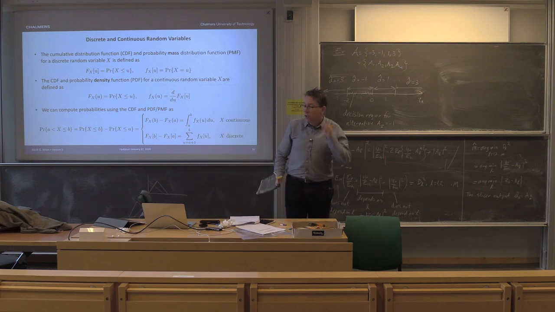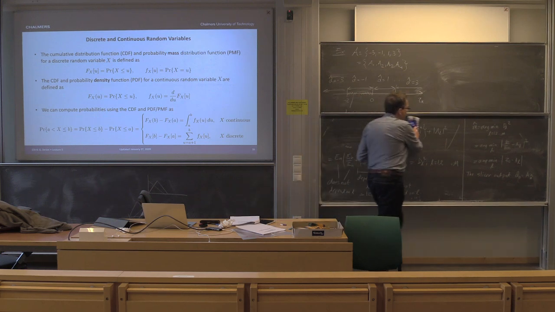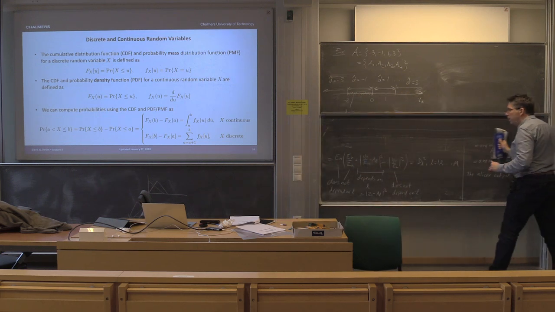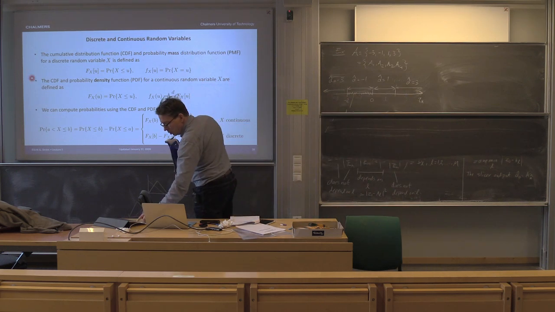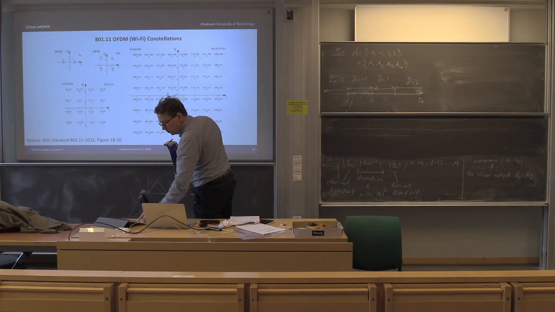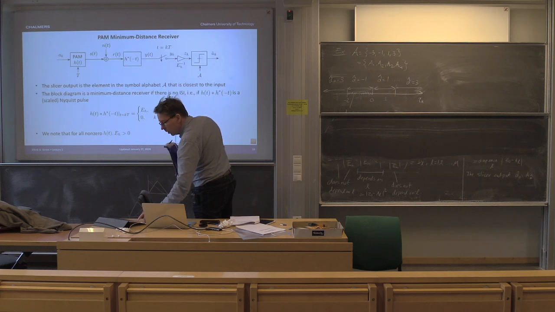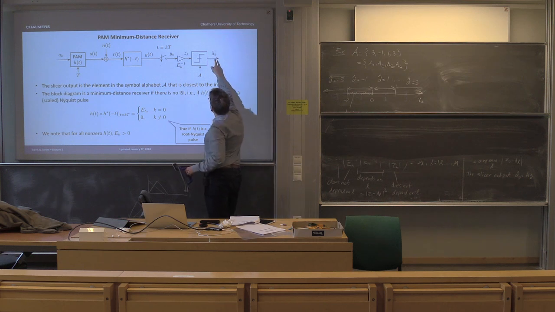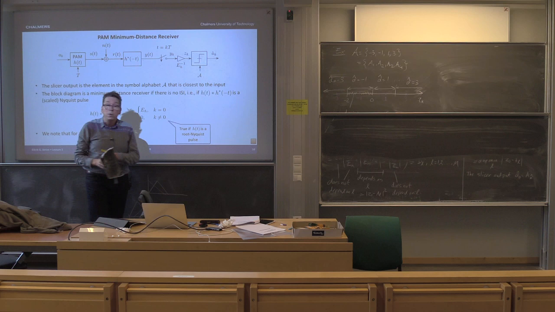To analyze how good we are, at the physical layer, we would like to say something about the probability of making a wrong decision. Sometimes this output is not equal to this input, and then we make an error.